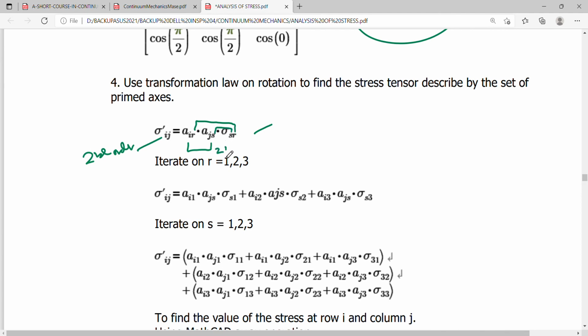So this is a two index tensor in terms of i and j. So second order, we have a consistent expression here in terms of the indices. And if I iterate on r, 1, 2, 3, r and r are repeated, so I have the sum.